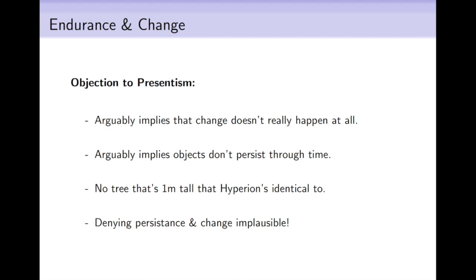And if you find that persuasive, then I think it would be reasonable to deny that presentism is actually a form of endurantism at all. It's normally taken to be a form of endurantism, but you might argue that endurantism was supposed to be a theory of identity across time.